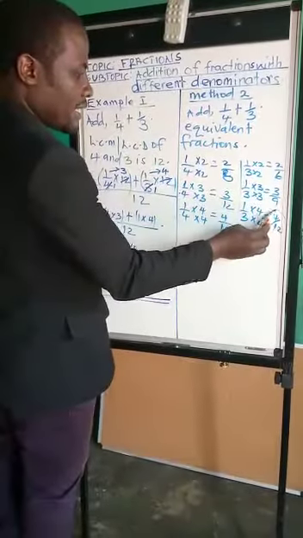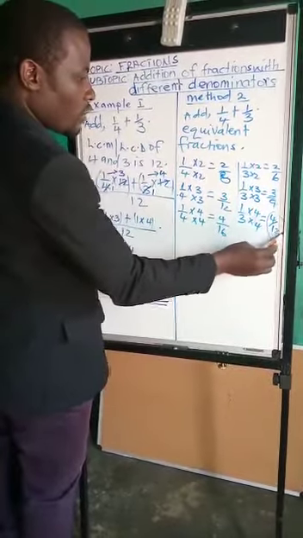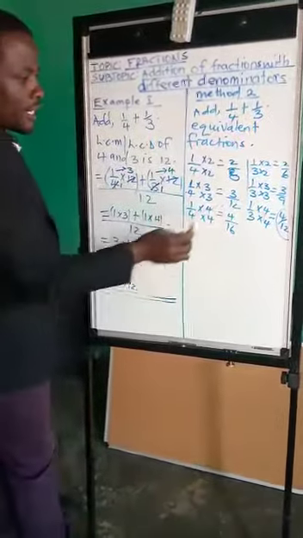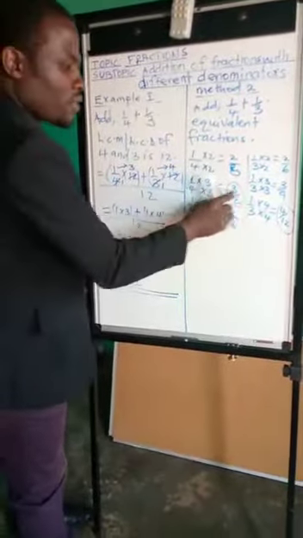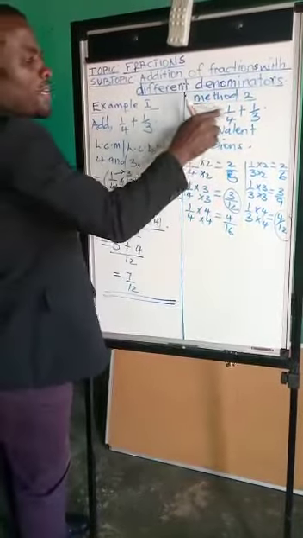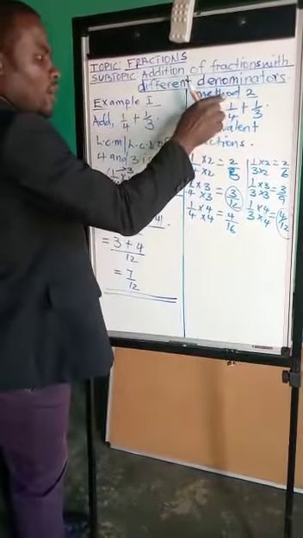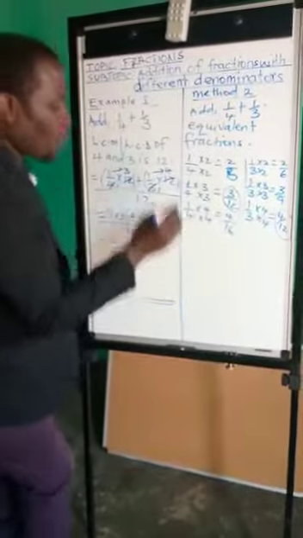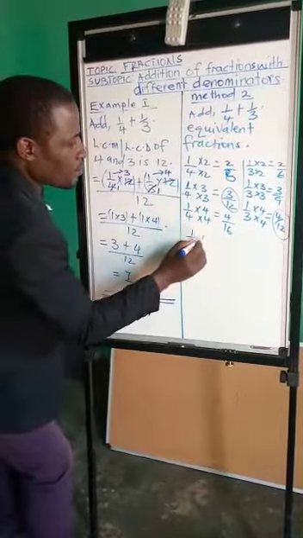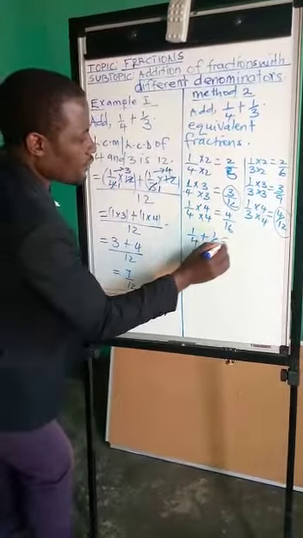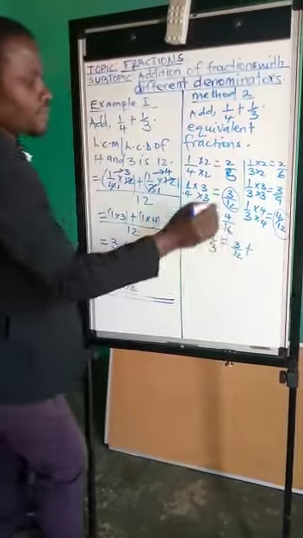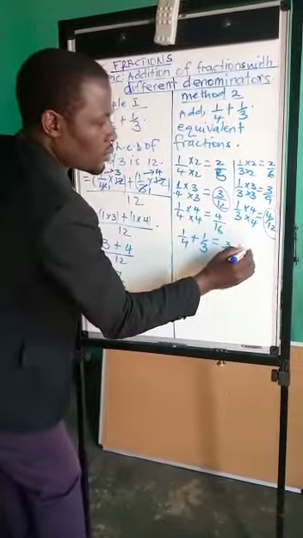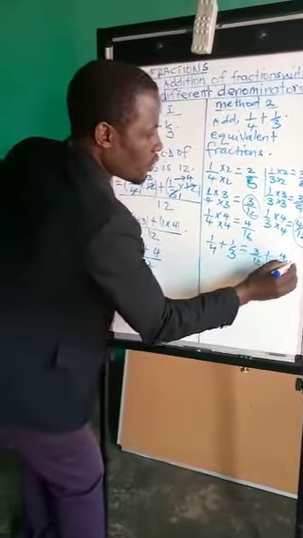Now I can already see we select the fractions which have the same denominators. We have 3 out of 12 and 4 out of 12. We are going to use these equivalent fractions to represent a quarter and a third. A quarter is equal to 3 out of 12, plus a third is equal to 4 out of 12.